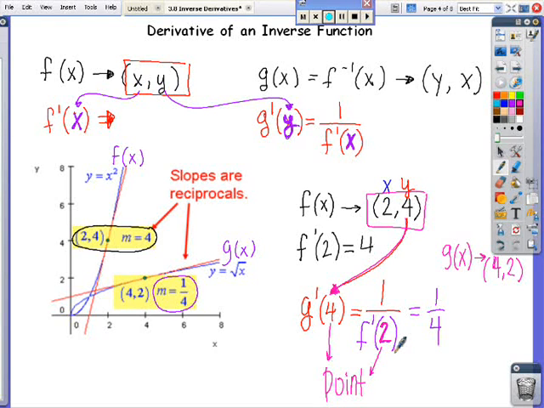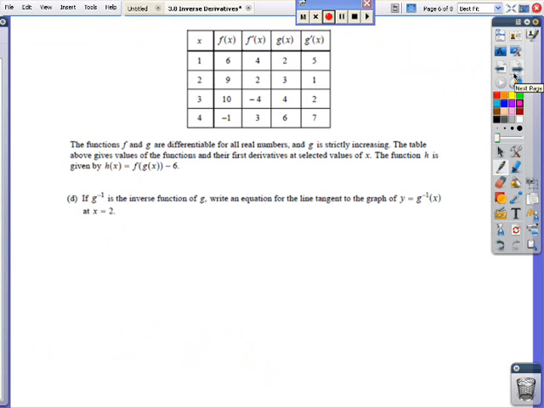Now let's try a few examples that I have. The first one was from AP problem set number 1, I believe. It says part D, if g inverse is the inverse function of g. Now, up here we notice that we only are given g. So now I know I'm going to be talking about the inverse function of g.